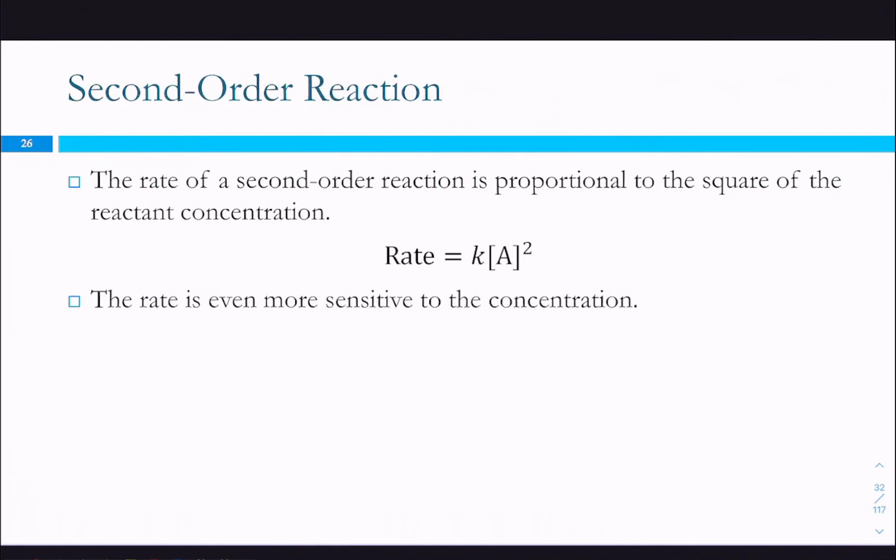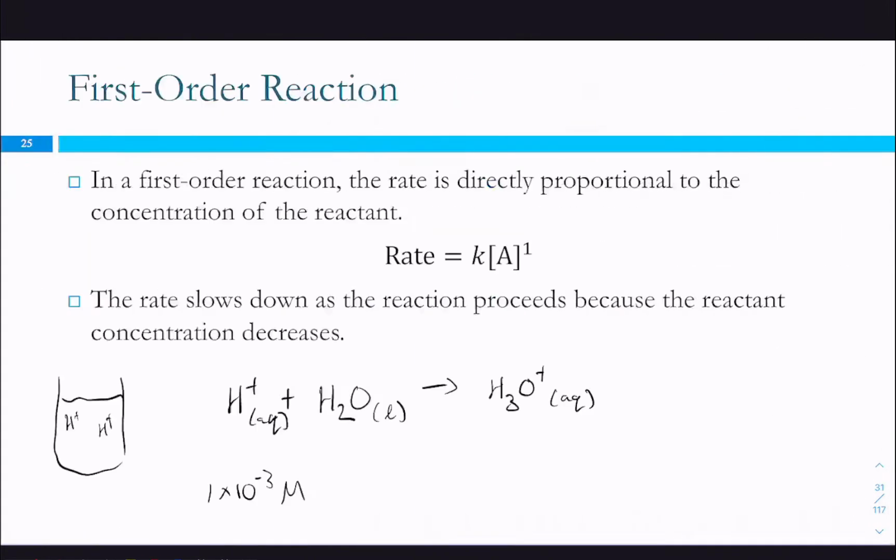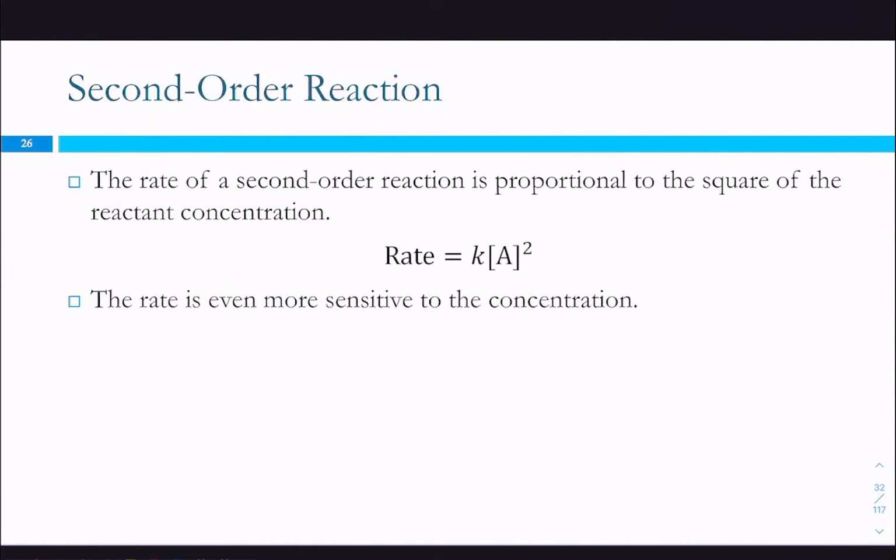For a second order reaction, this is actually the most common order of reaction. I guess we haven't quite gotten to it, but this is where the rate is dependent on two separate things having to have that one collision. So again, you can use this example of H2 gas plus I2 gas forming 2HI gas.